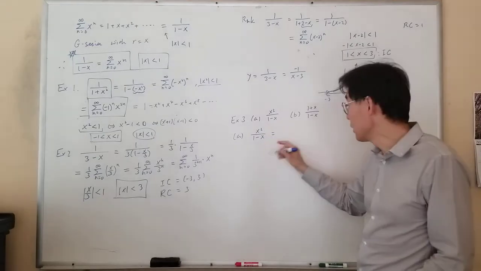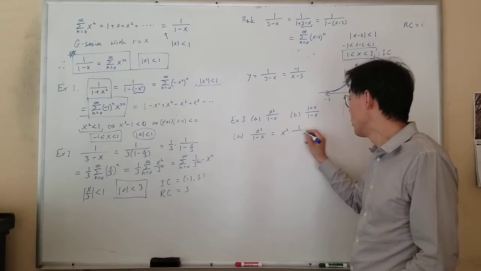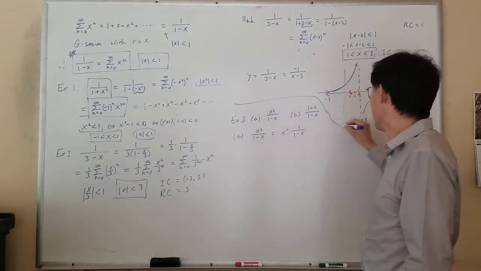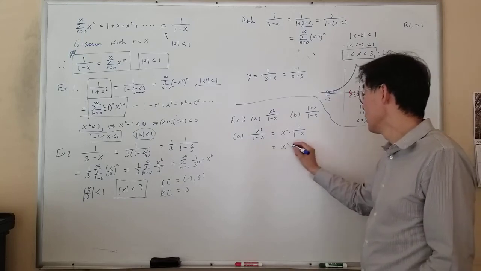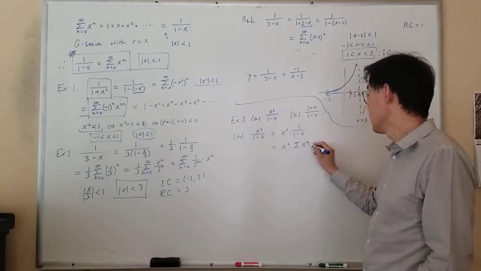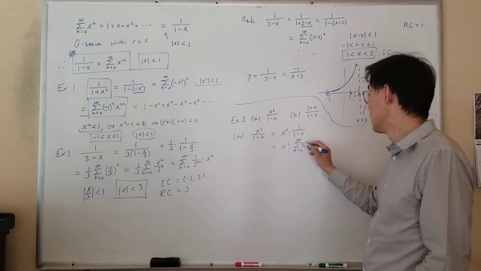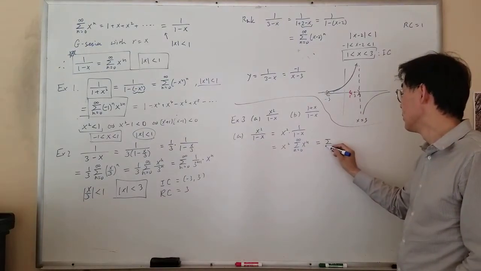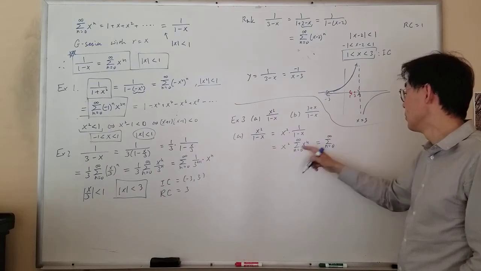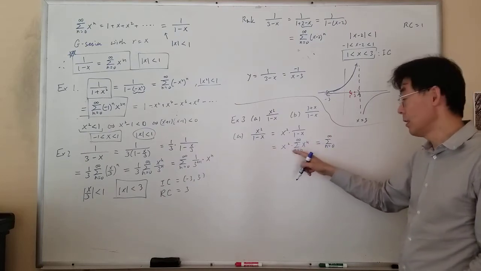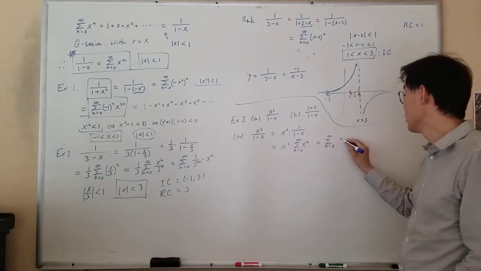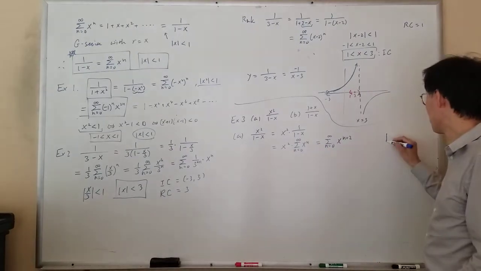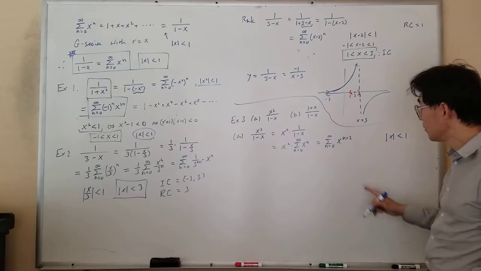First of all, you can write it as x squared times 1 over 1 minus x. And for 1 over 1 minus x, we know it is the sum of x to the nth. Okay? So we can write it. This constant can be taken in, so x to the n plus 2. Alright? Now, of course, the absolute value of x is less than 1.